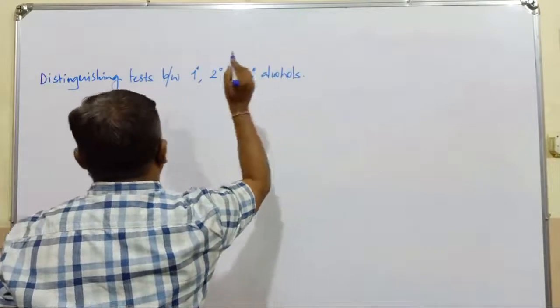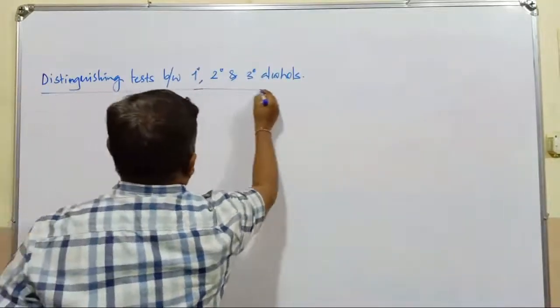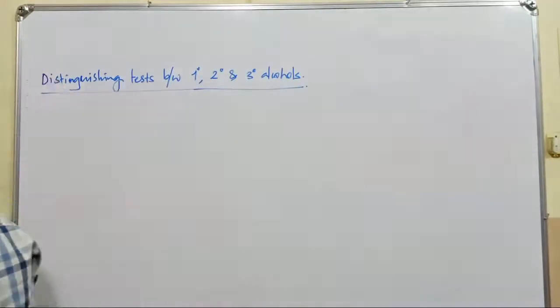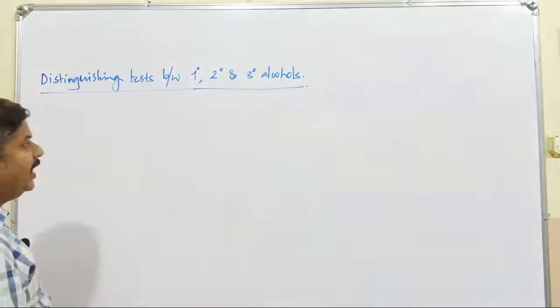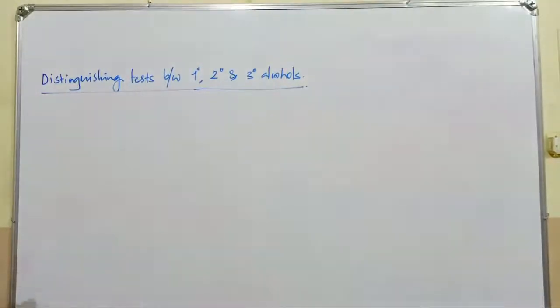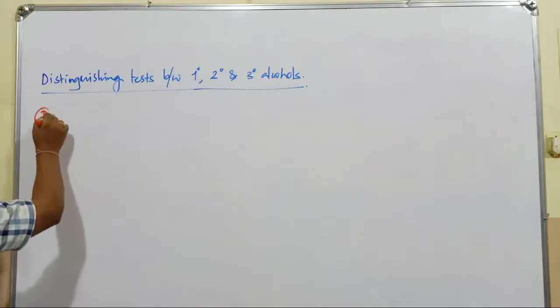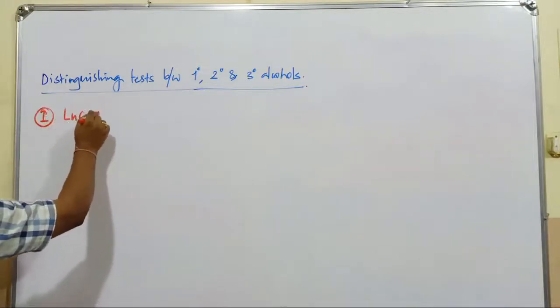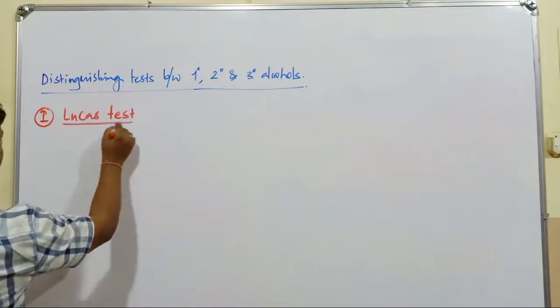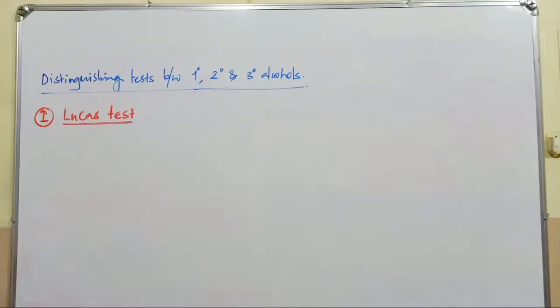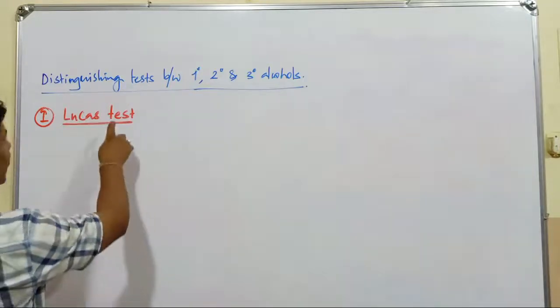How do you distinguish primary, secondary and tertiary alcohols? There are a number of different methods for distinguishing between them. One of the tests we will consider, the first one, is the Lucas test. Already we have discussed the Lucas test. You can follow that particular method for distinguishing primary, secondary and tertiary alcohols by using Lucas reagent.